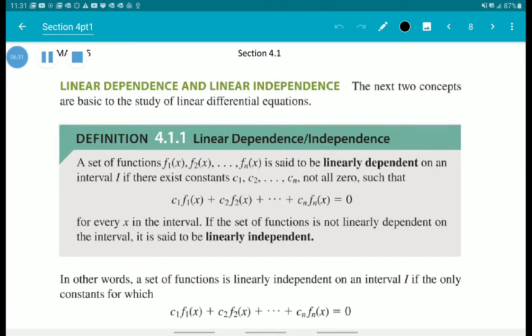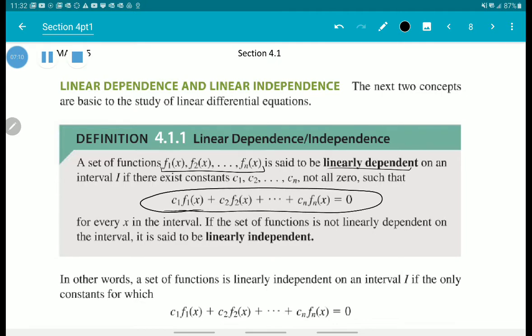So that superposition principle is actually creating a solution that's a linear combination of linearly independent functions. So let's look at what the definition of linear independence means. Let's say we have a set of functions. We say that they are dependent on an interval if there exist constants that are not all 0, such that this guy is going to be a true statement.